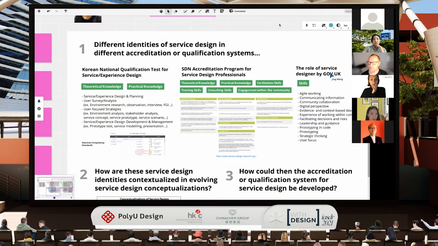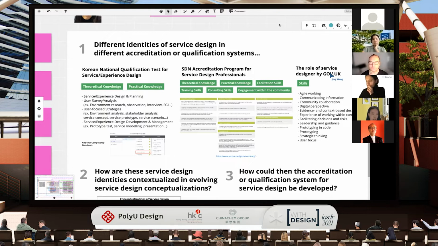First, I just briefly want to introduce the Korean National Qualification Test for Service and Experience Design, which just started last year. This test demands theoretical and practical knowledge from people who want to become a service designer in the future.